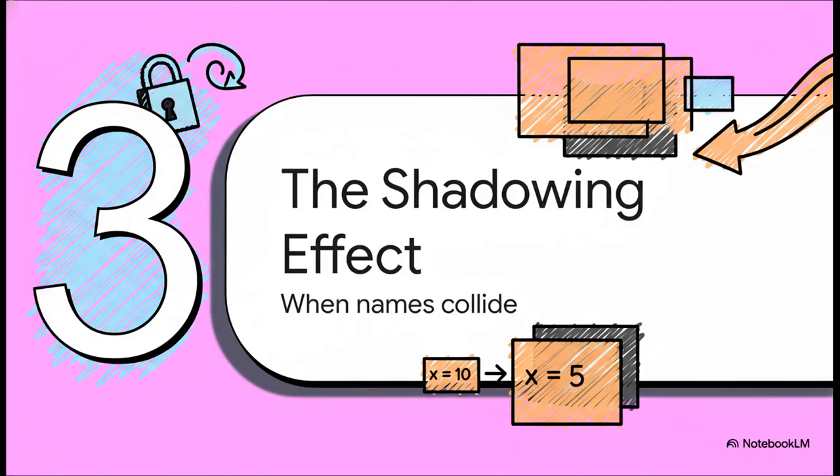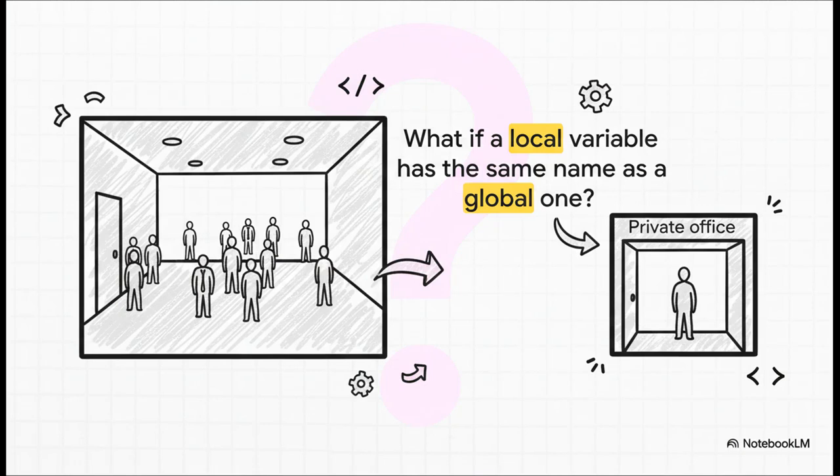All right, but this is where things can get a little weird. What happens when the name you scribble on your private whiteboard is the exact same name as something out in the public lobby? This is where we run into something called the shadowing effect. So yeah, the big question is, if you have a variable named people out in the lobby, and then you go inside a function and create a new variable, also called people, which one does Python pay attention to when you're inside that function?